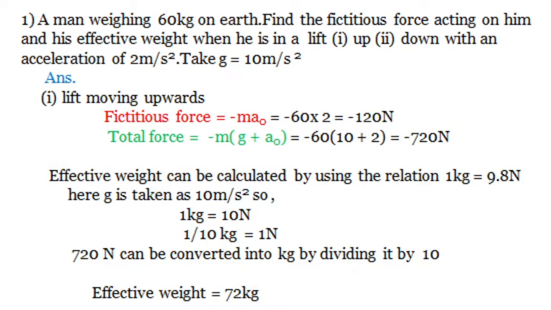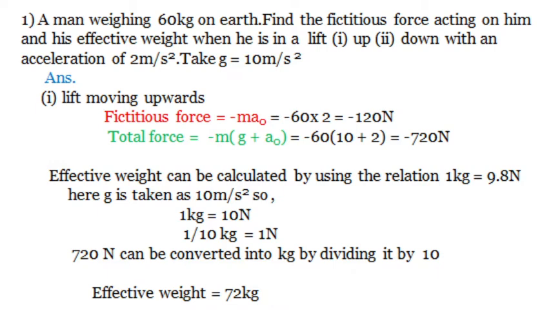So 1 by 9.8 kilogram is equal to 1 Newton. Here we have 720 Newton, so we have to multiply that factor by 720. So 1 by 9.8 into 720 gives the corresponding weight in kilogram.